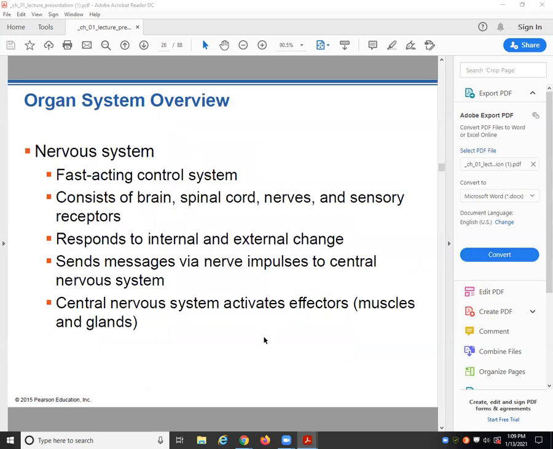Nervous system. This system works very quickly. It's composed of your brain, your spinal cord, as well as nerves and sensory receptors. It responds to changes both internal and external, so inside your body and outside your body. The nervous system works by sending messages to your central nervous system through what we call nerve impulses.